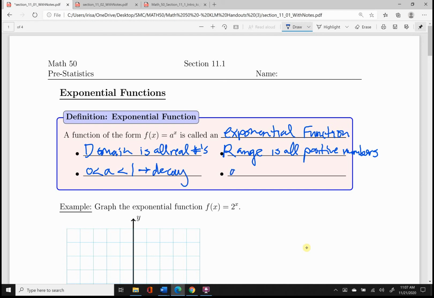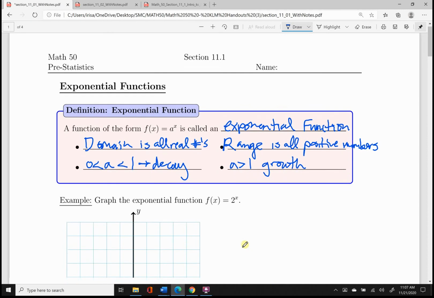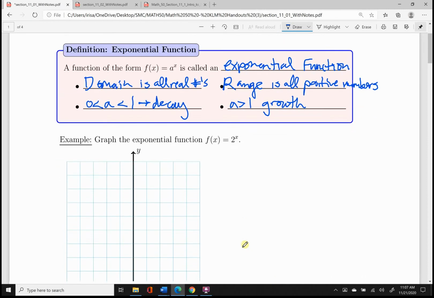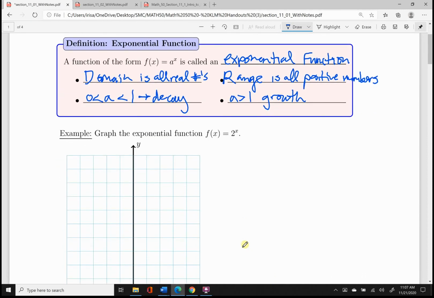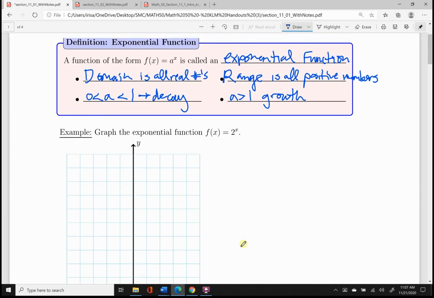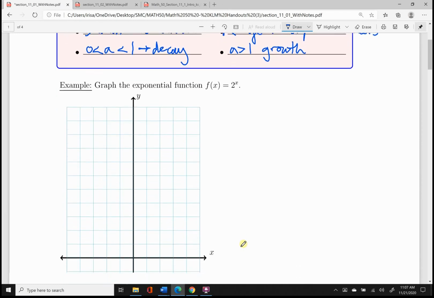Whereas if a is greater than 1, you're going to have a growth model. And whether it's decay or growth, the trajectory of the line either goes to 0 very quickly if it's a decay, or grows infinitely large very quickly if it's a growth model.